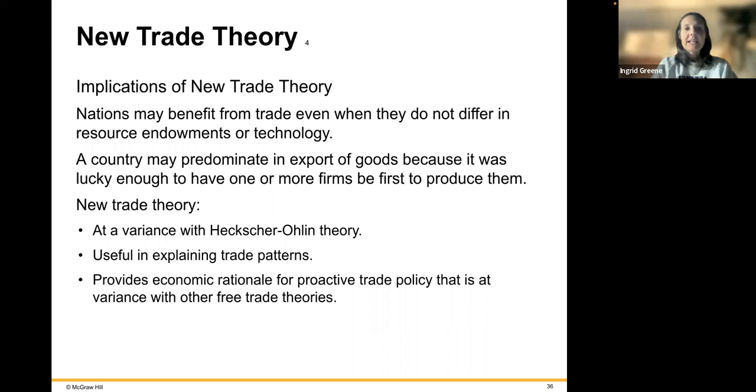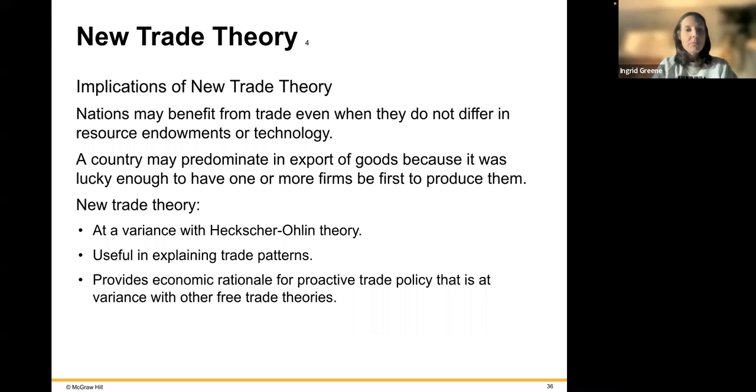New trade theory is at variance with the Heckscher-Ohlin theory. That's different because, if you remember, the Heckscher-Ohlin theory says that a country will succeed if it's well endowed, but new trade theory says it doesn't matter if it's well endowed; they just have to be the first, as I just mentioned. New trade theory also is useful in explaining trade patterns, so we can see how countries have done well in the past.